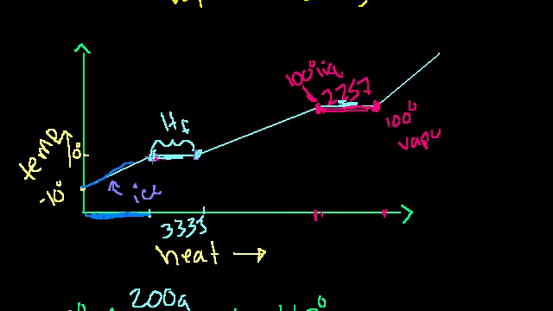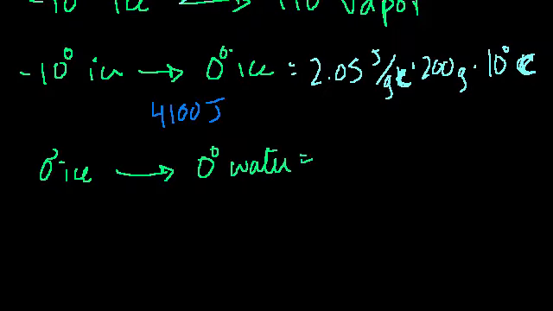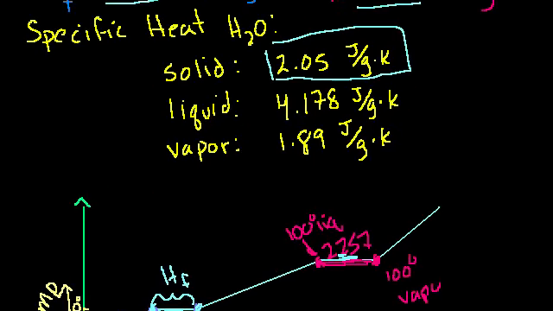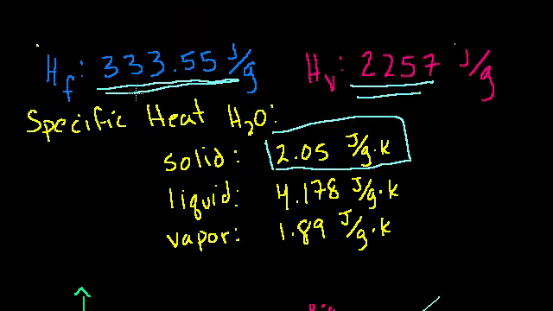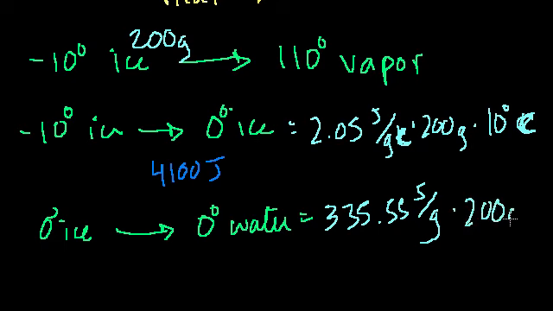Now we have to turn that 0 degree ice into 0 degree water. And for that, we use the heat of fusion. We're adding that amount of heat. So it's 333.5 joules per gram, so that's equal to 335.55 joules per gram times, we have 200 grams of ice that we're trying to melt.